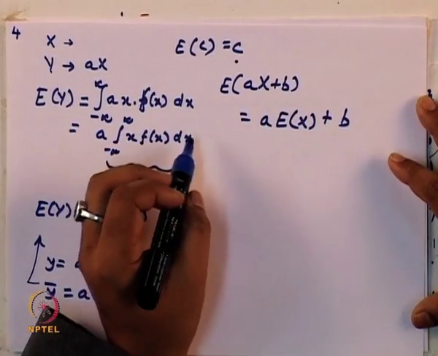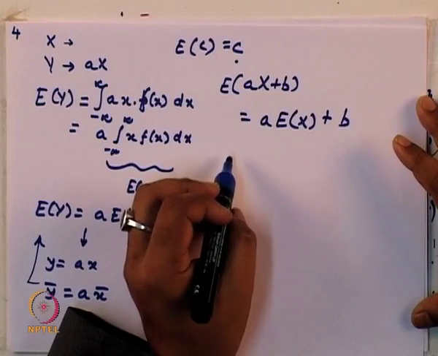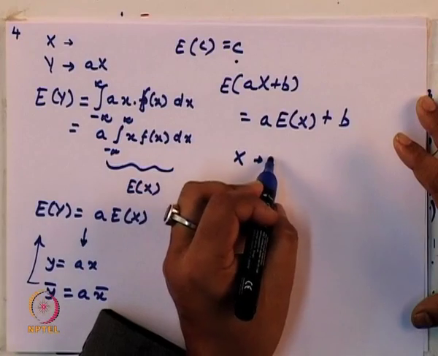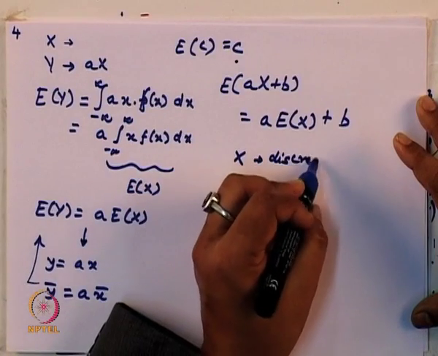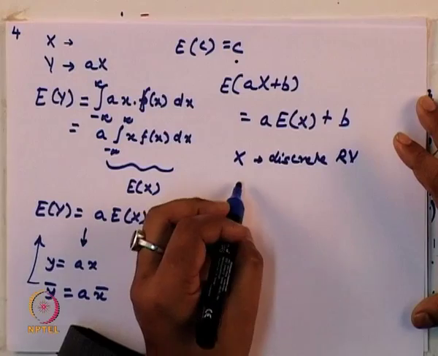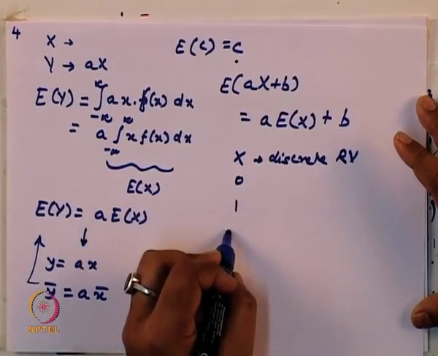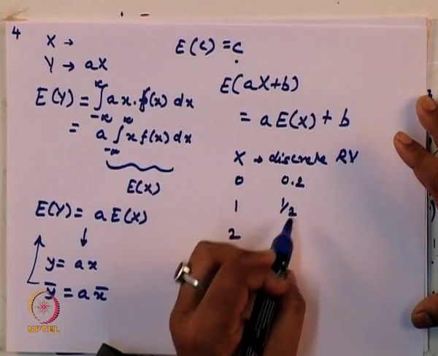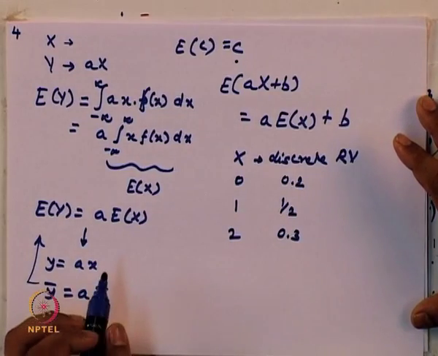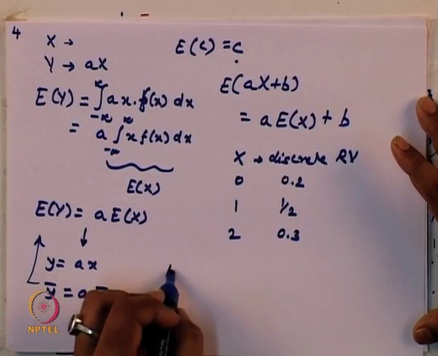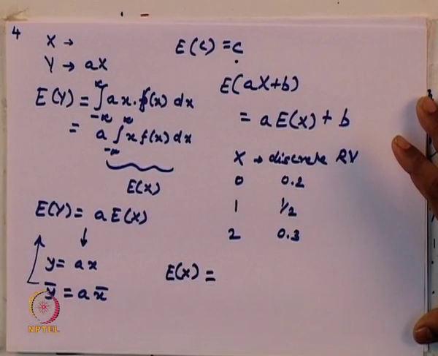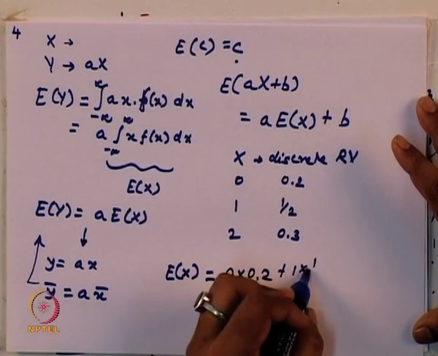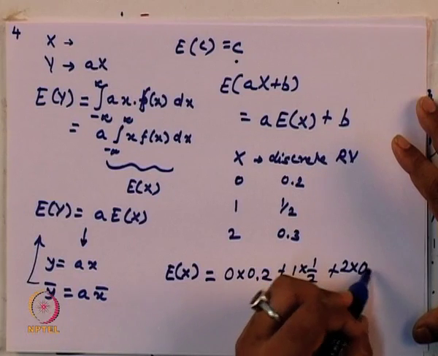So, let us do a simple example. Let us say that x is a discrete random variable, which takes on values of 0, 1 and 2 with probabilities 0.2, half and 0.3. I can calculate the expectation of x as 0 into 0.2 plus 1 into half plus 2 into 0.3.